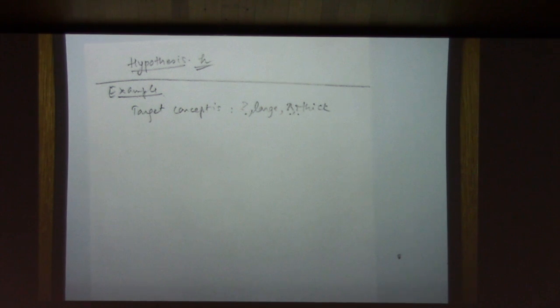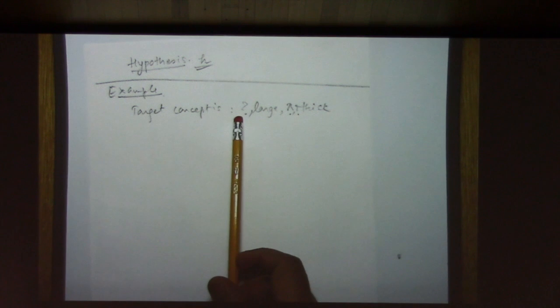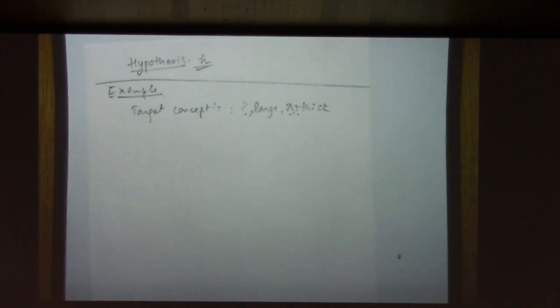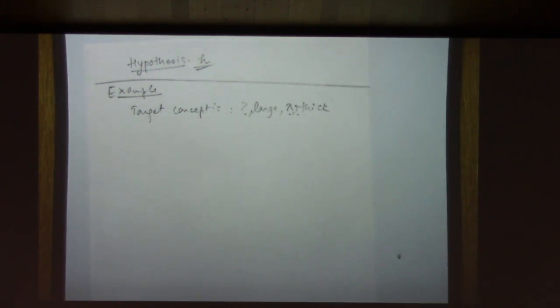Now you want to learn this. So the first question is, how many positive examples can there be if this is the target concept? How many of these 5 attribute tumors will be labeled as positive or malignant by this? 2? 2 is not right.